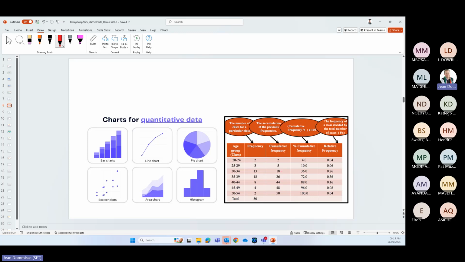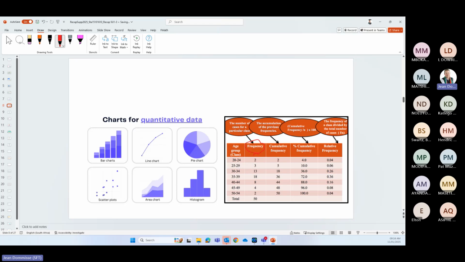Okay, so let's go into a bit of just showing again a few things before we get to some of the examples. So frequency table. Just some of the wording, because I know they will sometimes ask you what's the frequency. They will list A, B, C, D, and E and say, what's the frequency of class 30 to 34? Then you know you need to just look at the number. How many are in that group?